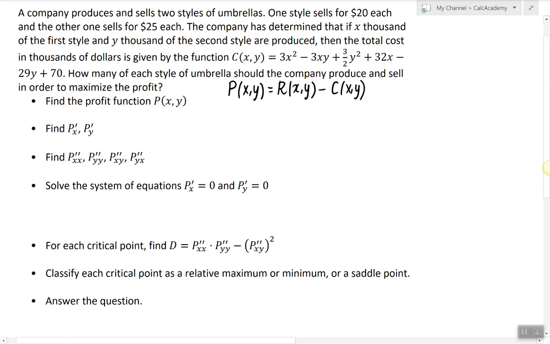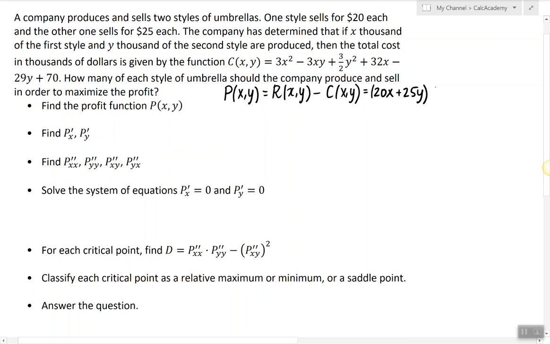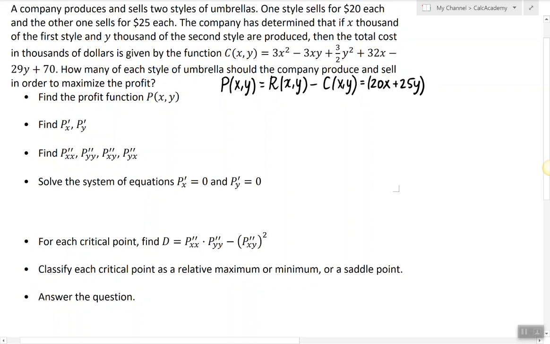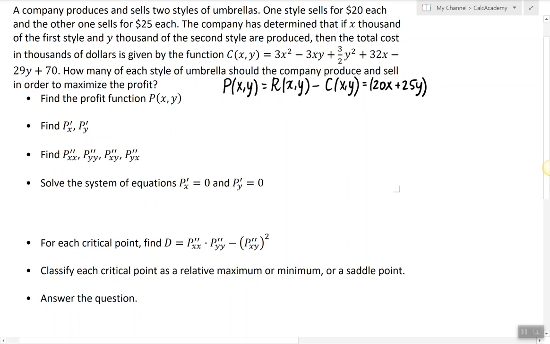So the revenue function that we have in this problem is from selling X $20 umbrellas, so that means we'll make 20X, and selling $25 umbrellas, Y thousand of those, so 25Y. So 20X plus 25Y is our revenue, and from that revenue we will have to subtract the cost, and the cost function is given.